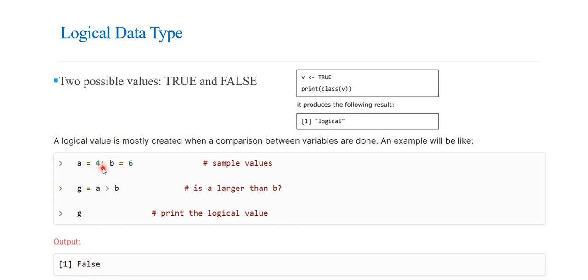Here you have a equal to 4, b equal to 6. You perform the comparison a greater than b. 4 greater than 6 is not true, so your answer will be false, which is a logical data type. Whenever you come across a true or false, that belongs to the logical data type.